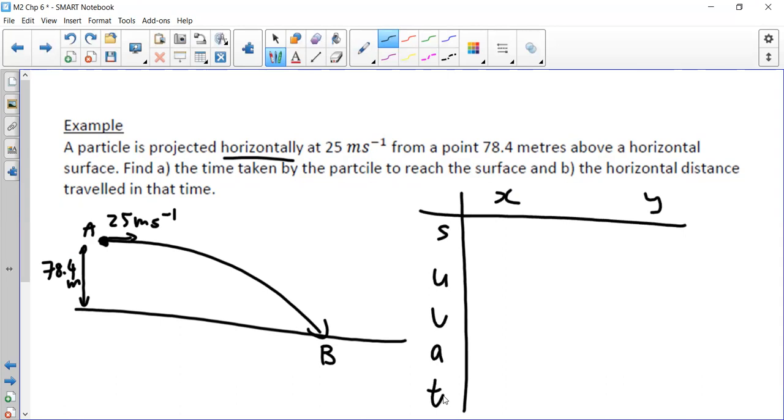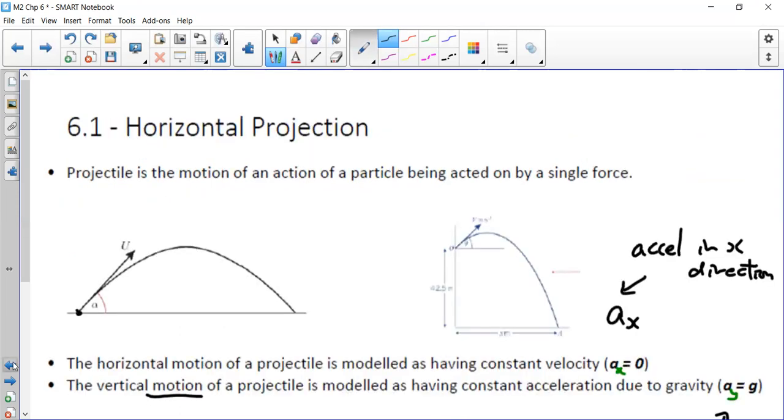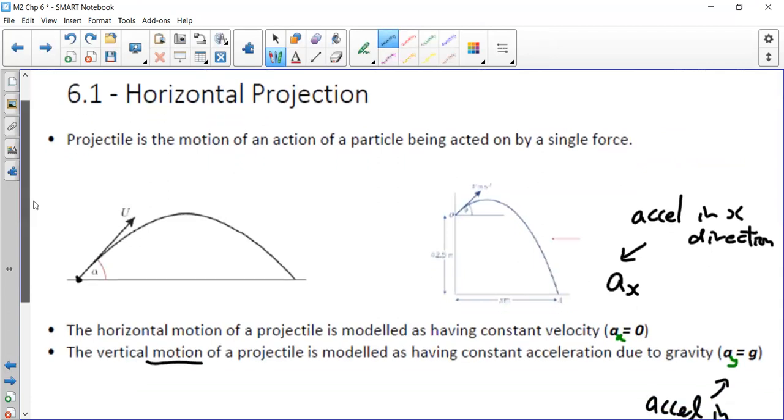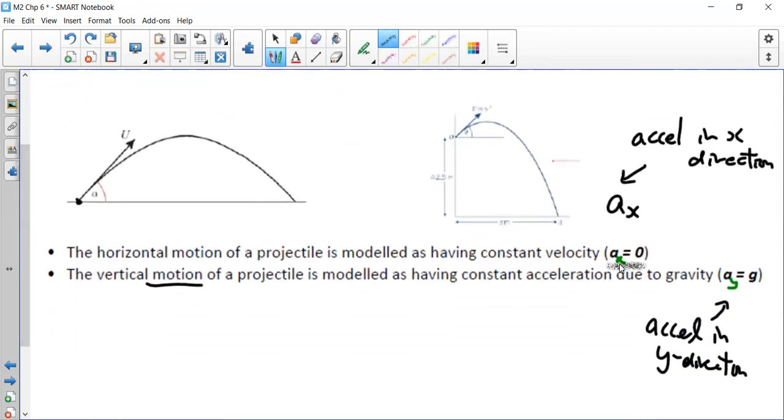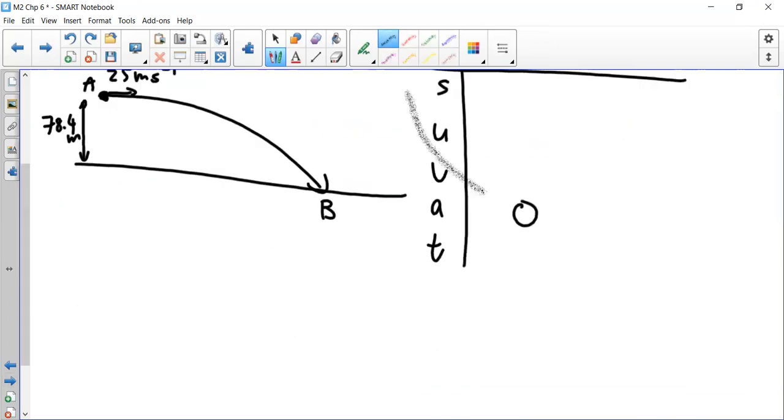The number one thing that we put in this suvat table in projectile, which is always true, is a_x is 0. Where did it come from? If you've got a pencil, you can go back to the top. You see a_x equals 0, that part. That's the same as here.